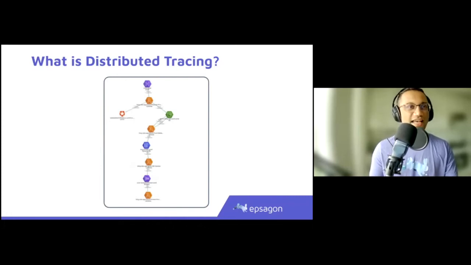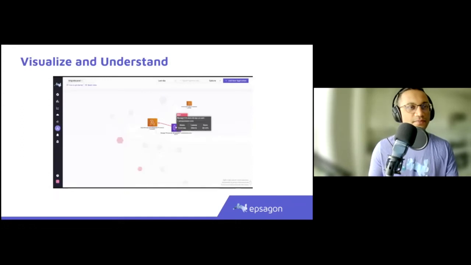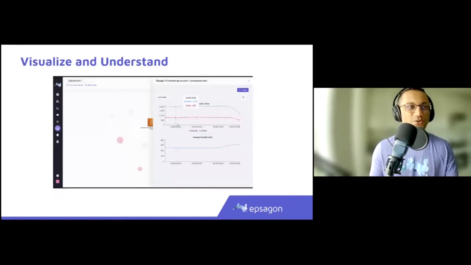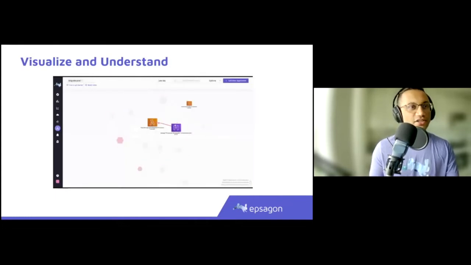Distributed tracing has great benefits. Let's see how you can use distributed tracing to troubleshoot your serverless applications. One of the most important benefits of distributed tracing is that you can actually create a holistic view of your architecture. We call these service maps.